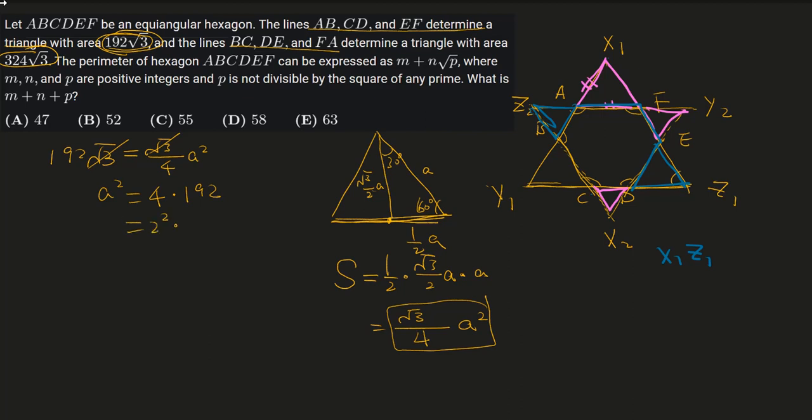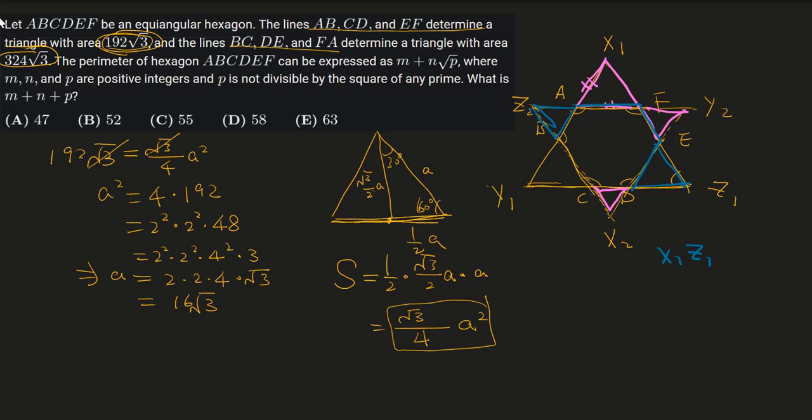And 192, we can get a factor of 4 out, so that's another 2 squared, and then times 48. Then we have another factor of 16 in this 48. So that equals 2 squared times 2 squared times 4 squared times 3. Therefore, A equals 2 times 2 times 4 times square root 3, which equals 16 times square root 3.